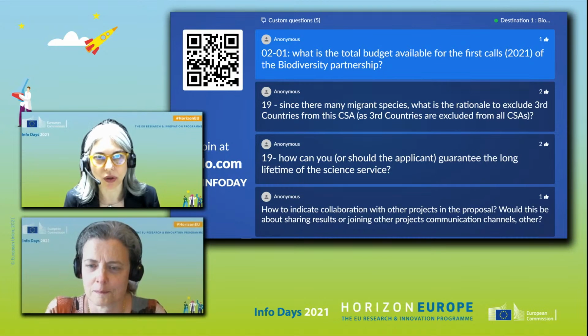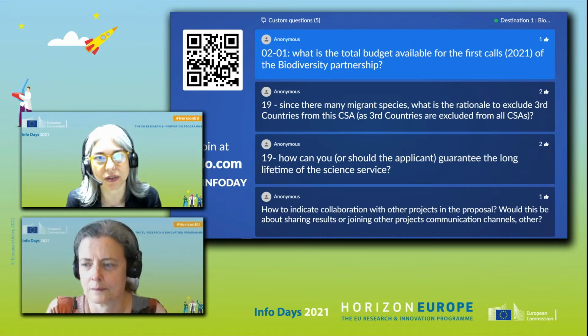The first call that is going to be launched in October, I think it has been pre-announced today, and the budget is 40 million euro, which by coincidence is the same amount that the EU is giving, but it's not all EU contribution. One third of that will be from the EU, and the rest is pledged by the 33 countries that are already in the partnership.